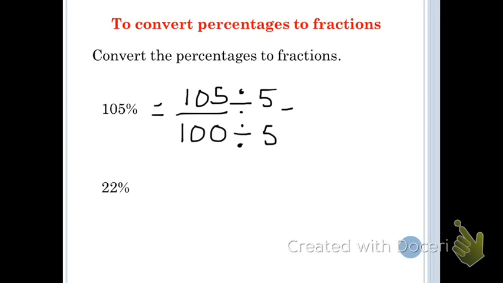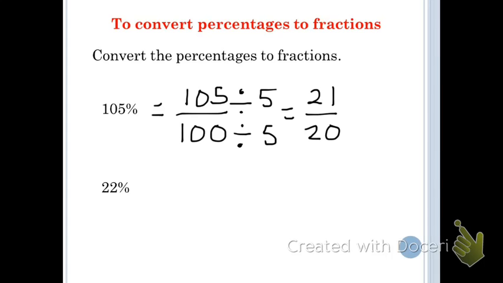Convert the percentages to fractions. 105% would equal 105 over 100. Divide the numerator and denominator by 5 to write it in simplest form. So that is equal to 21 over 20.